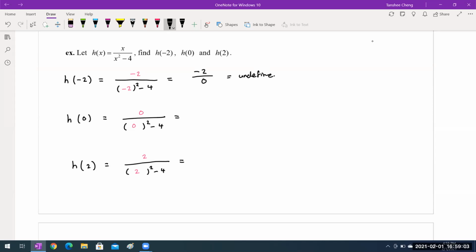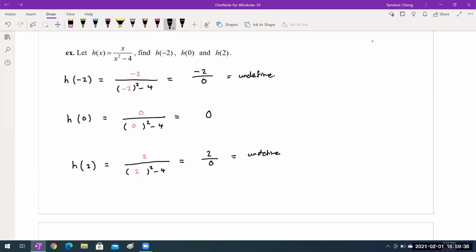When you evaluate at 0, we substitute 0, and 0 over -4 gives the value 0. And lastly, when you substitute 2 into the formula of the function h, we get, again, the same as the first part, 2 over 0, which is undefined.